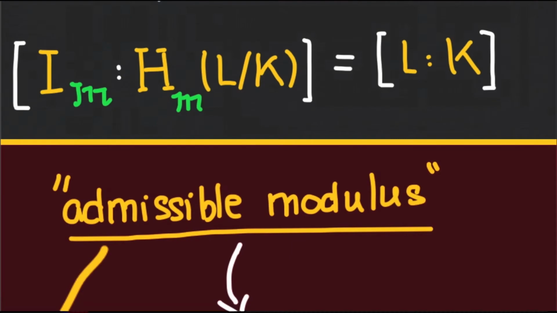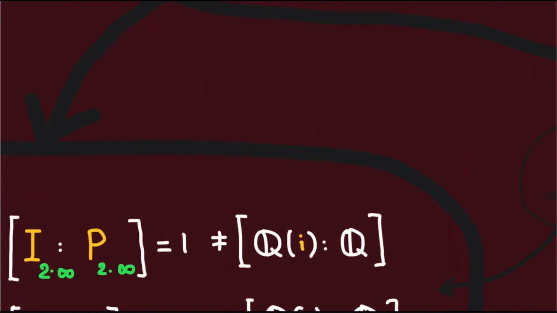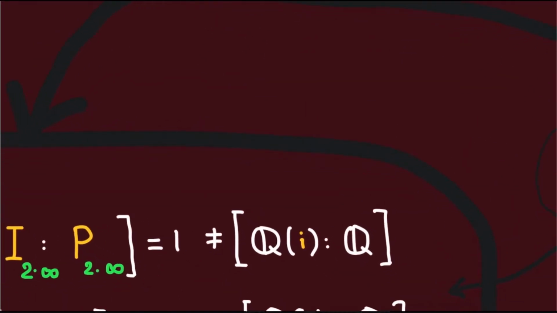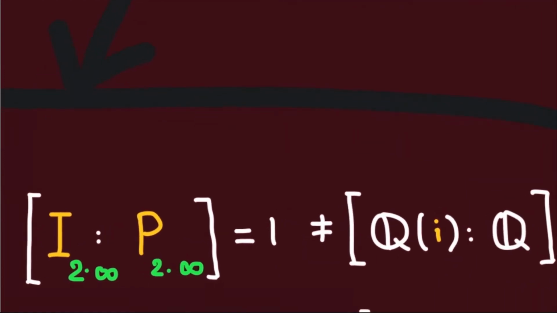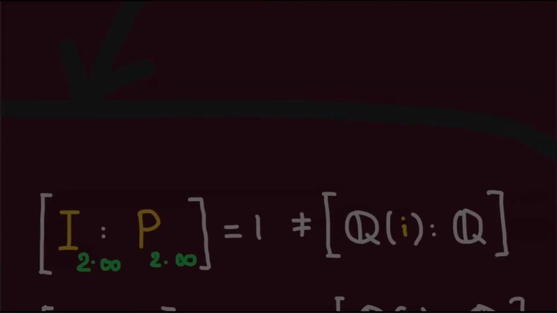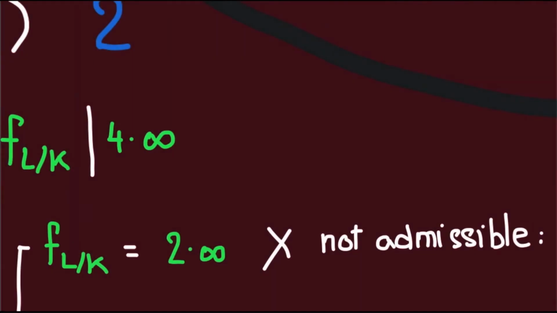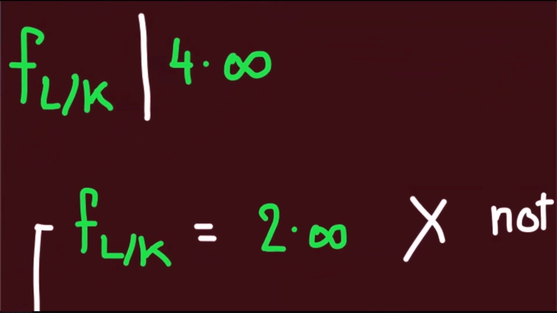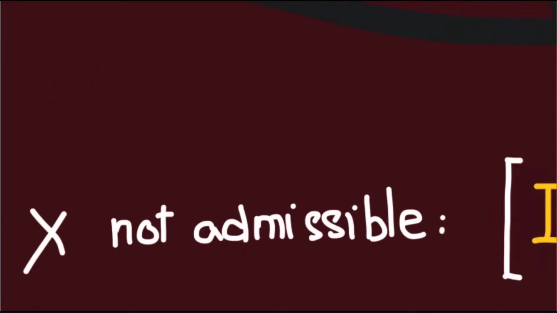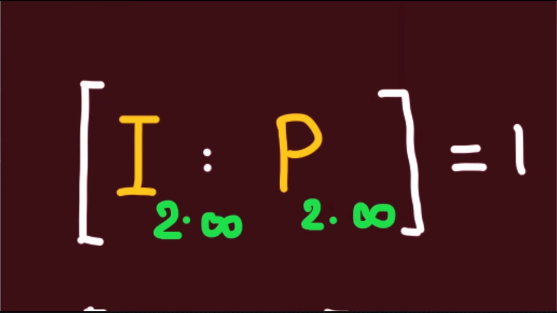However, the index of P_{2∞} inside I_{2∞} is going to be equal to 1, and that's not equal to 2. So this means that this modulus is not admissible, and thus the conductor is not equal to 2 times infinity. So let us see why this index here is equal to 1.